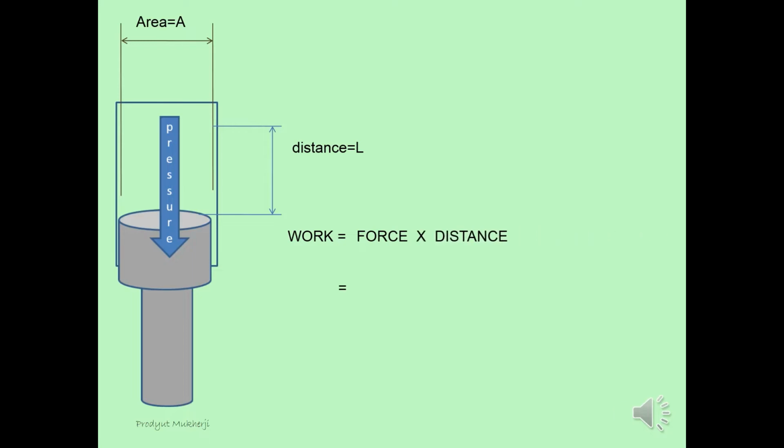The force is the pressure that is acting on the piston multiplied by the area over which it is acting. So pressure into area, and distance is the distance that the piston has moved from top to bottom, that is capital L.